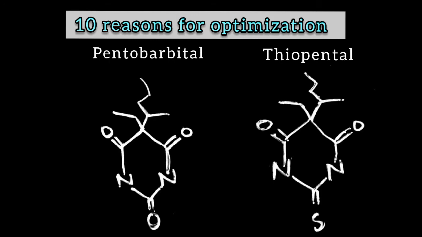As an example, we're going to look at the structure of pentobarbital and thiopental. Thiopental has a quick onset of action, and this is because of the sulfur atom that is attached to the molecule. As you can see, there is no sulfur attached in the pentobarbital.